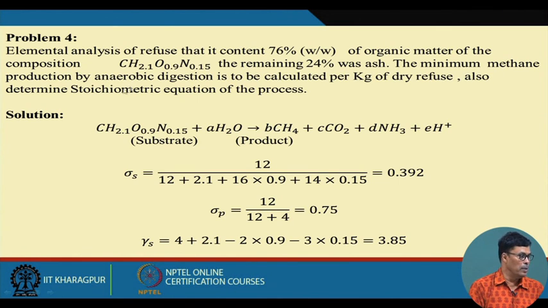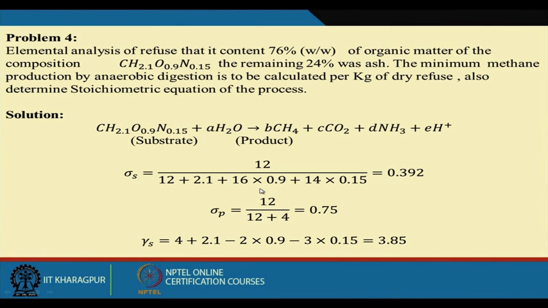The minimum methane produced by the anaerobic digestion is to be calculated per kg of dry refuse, and also determine the stoichiometry of the process. Again I mention that whenever we have to do any kind of stoichiometric analysis, first we have to know the process.